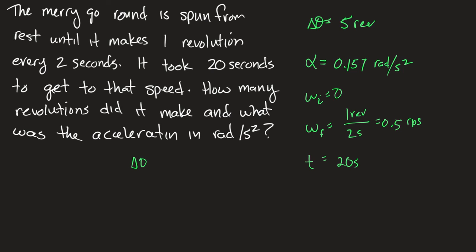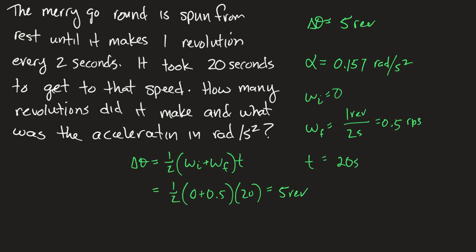All right. So I use delta theta equals 1/2 times omega initial plus omega final, times t. So 1/2 times 0 plus 0.5, times 20. And I think that gets me 5 revolutions.